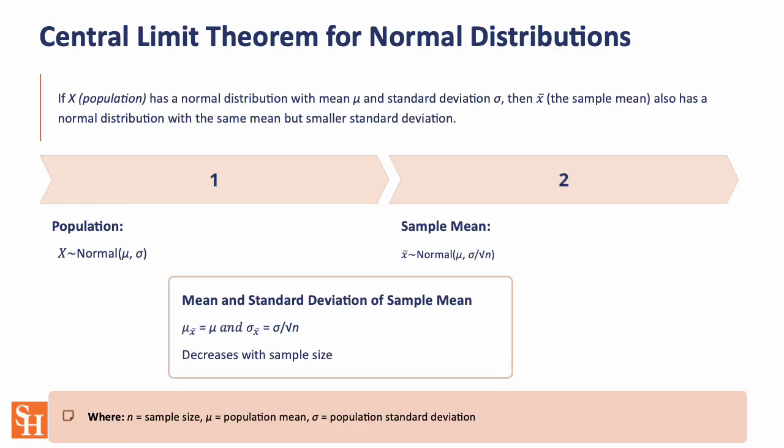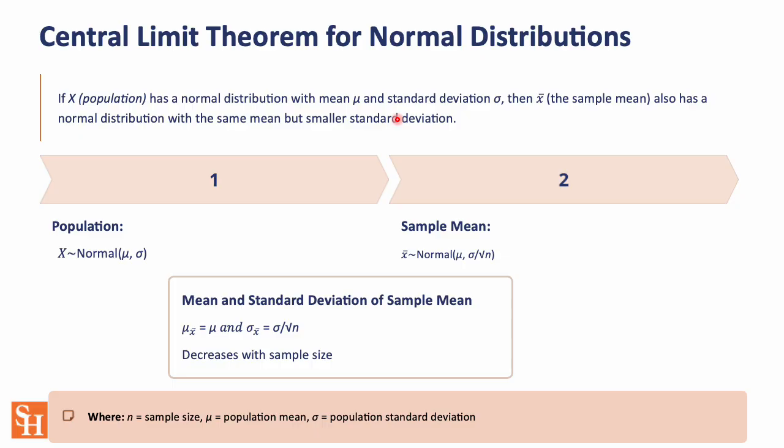According to the central limit theorem, if x has a normal distribution with mean mu and a standard deviation sigma, then x bar, that means the sample mean, also follows a normal distribution with the same mean and with a smaller standard deviation.